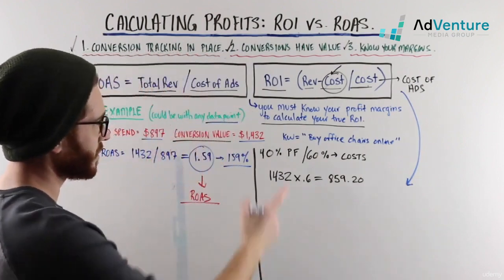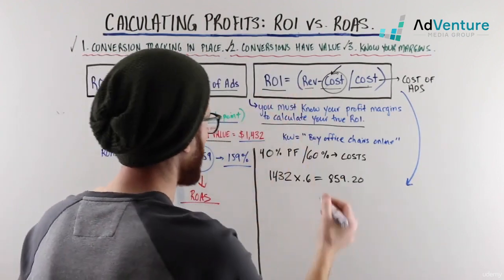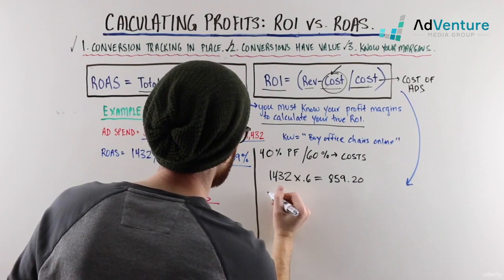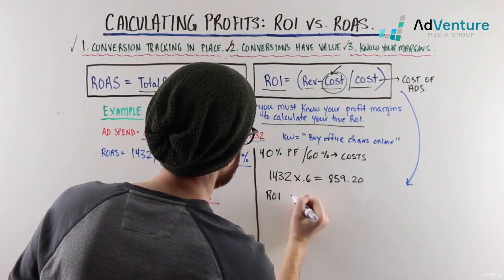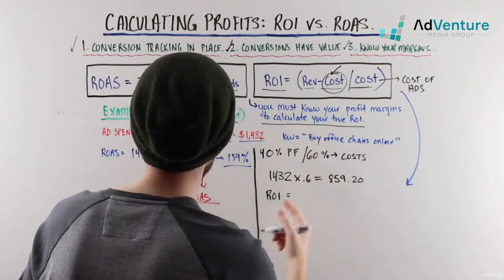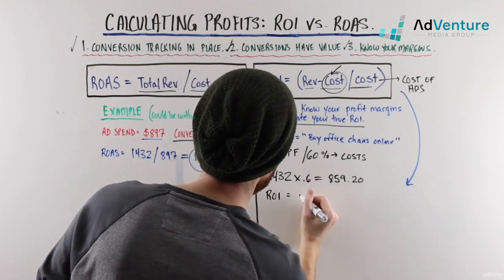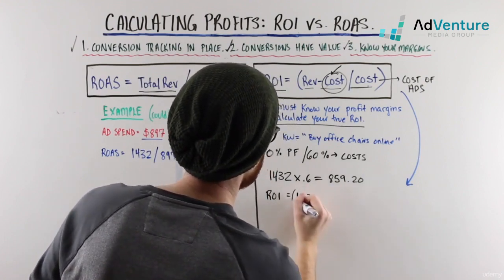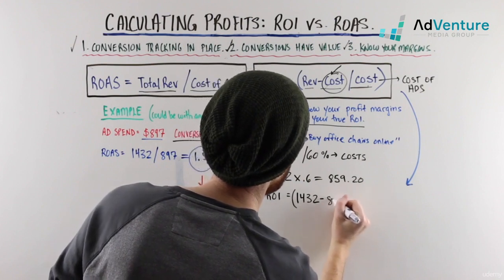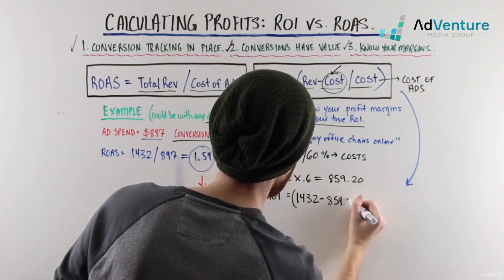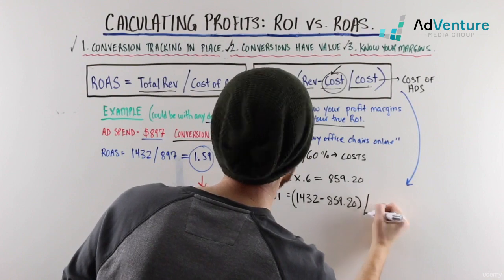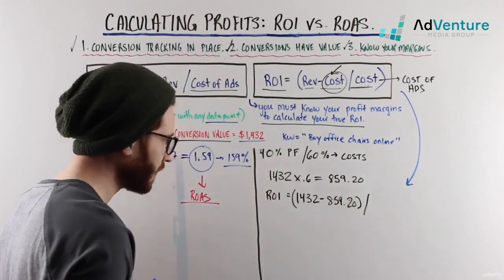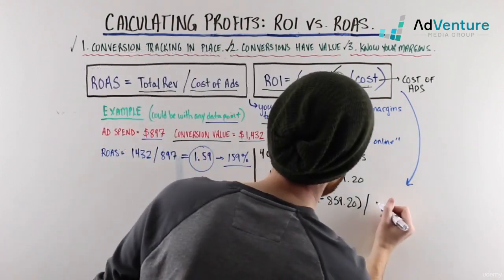Now what I need to do is plug in my ROI calculation. So ROI equals revenue, which is 1432, minus 859.20, divided by my cost of ads, which is 897.